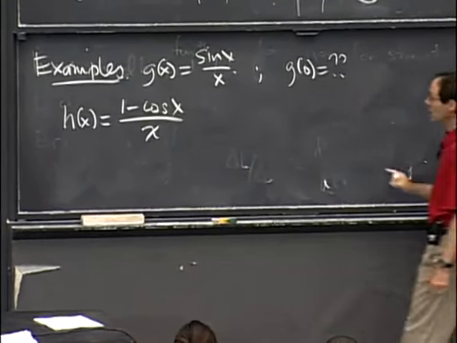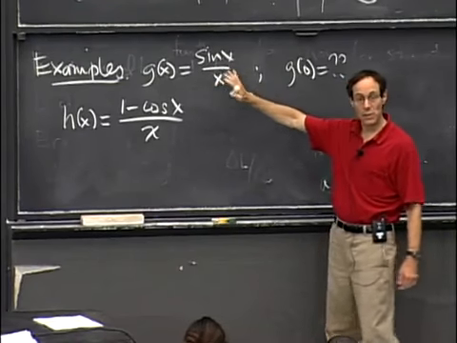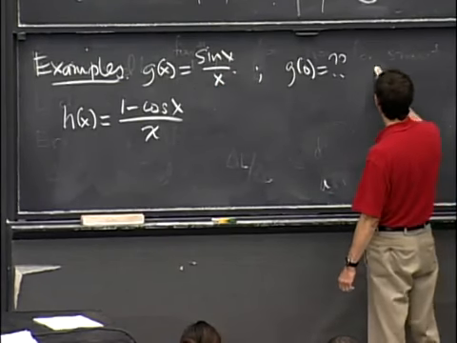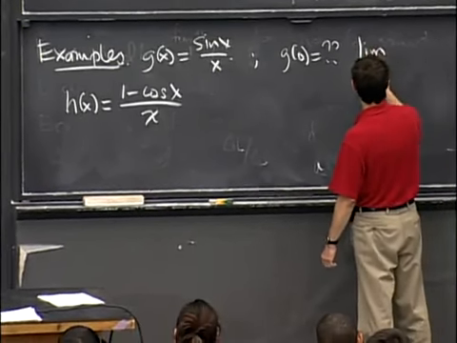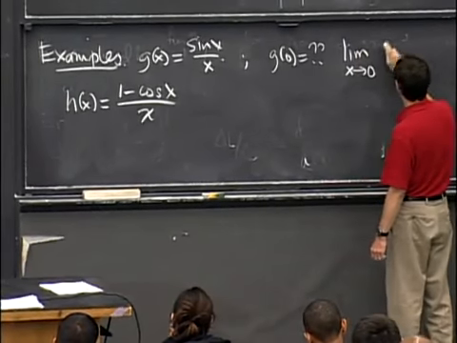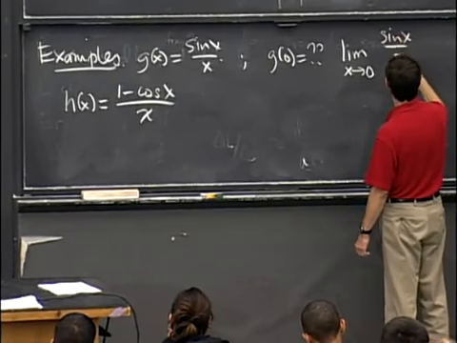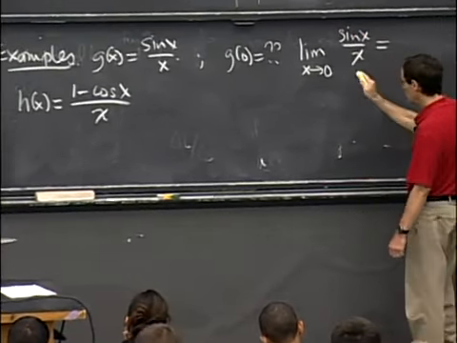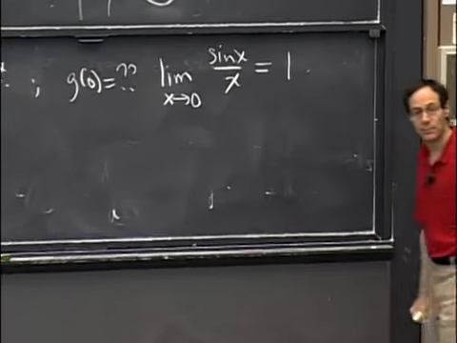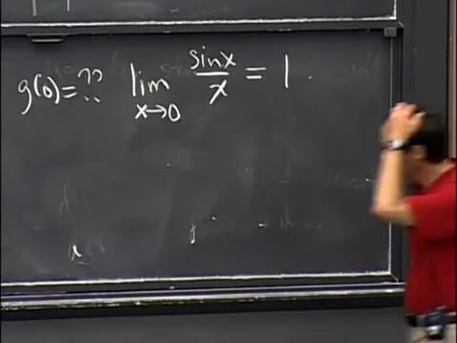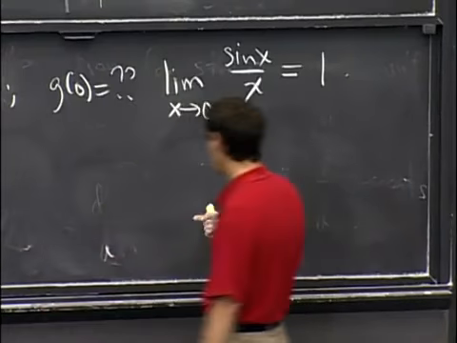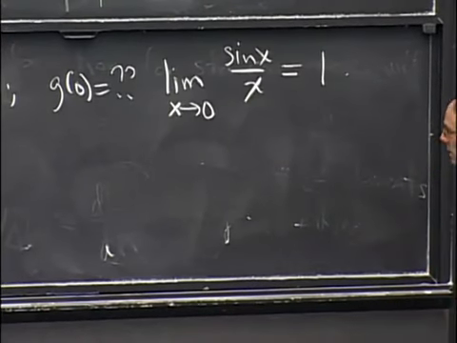On the other hand, it turns out that this function has what's called a removable singularity, namely the limit as x goes to 0 of sine x over x does exist. In fact, it's equal to 1. So that's a very important limit that we'll work out either at the end of this lecture or the beginning of next lecture.